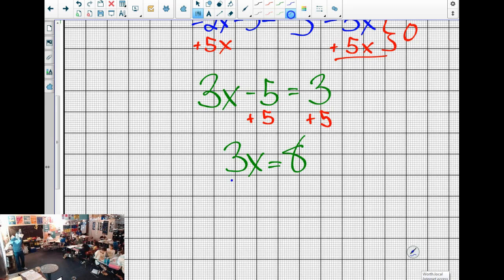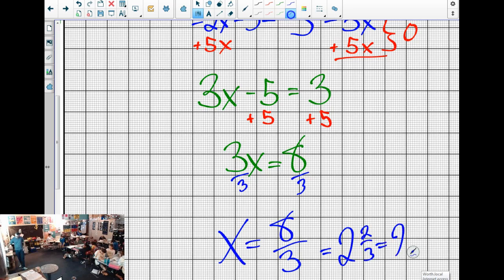Division. So we divide by 3 and get that x is 8/3, or 2 2/3, or 2.6 repeating. Does that make sense?